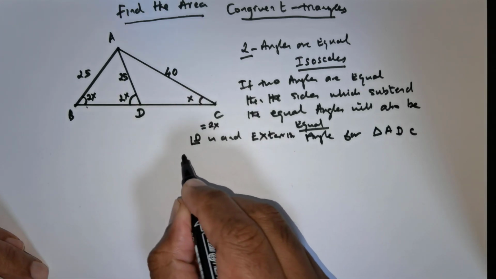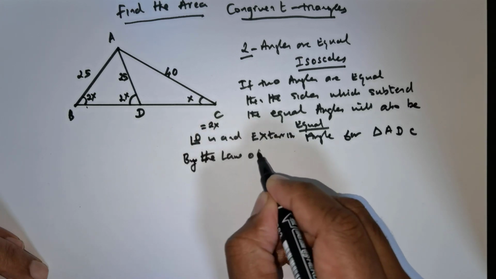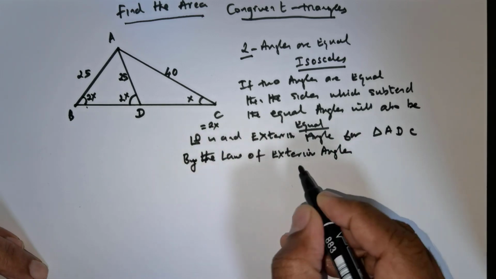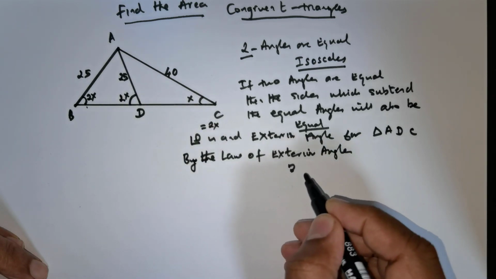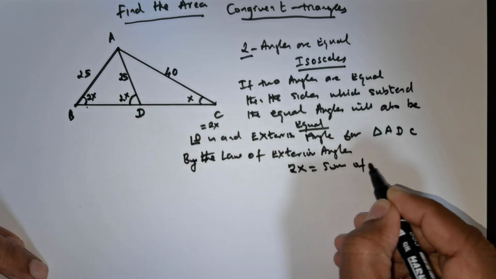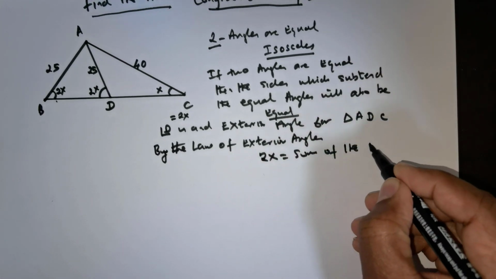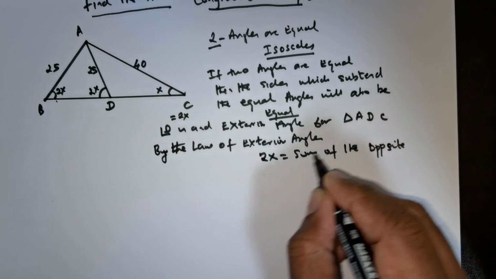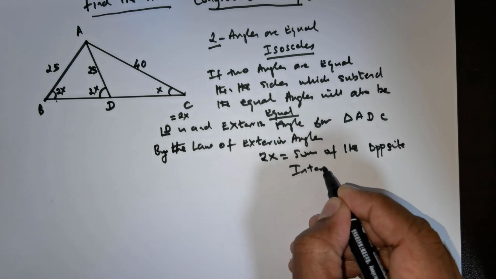Now what does the law of exterior angles state? By the law of exterior angles, 2x is equal to the sum of the opposite interior angles.